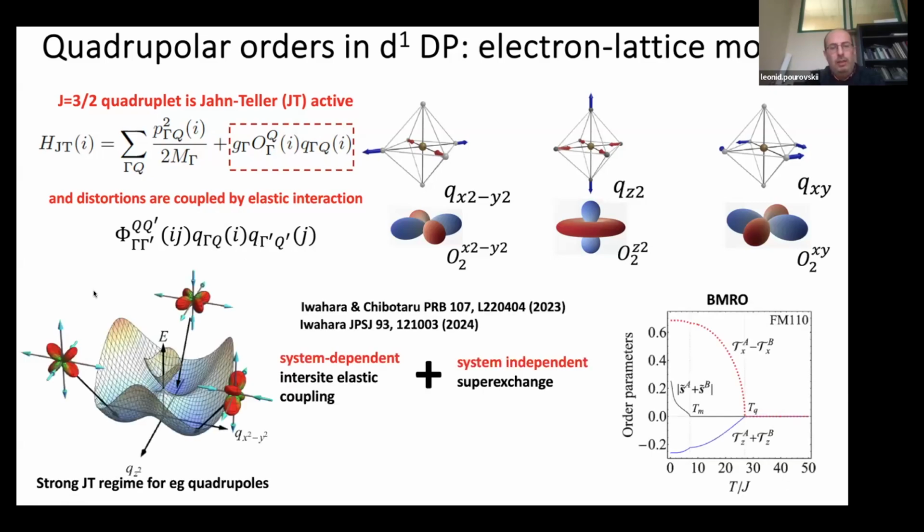And so Ivahar and Chibataro, this is their paper, they considered this kind of model, and basically they assumed that all difference between compounds are within this term, which is the elastic coupling. And they also consider that they are in so-called strong Jahn-Teller regime, meaning that basically system is always distorted.